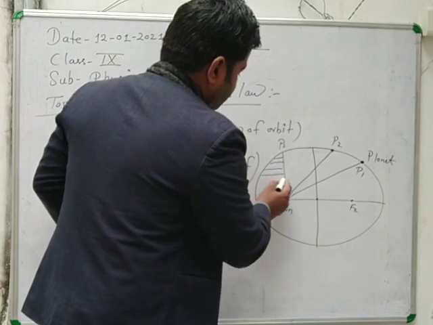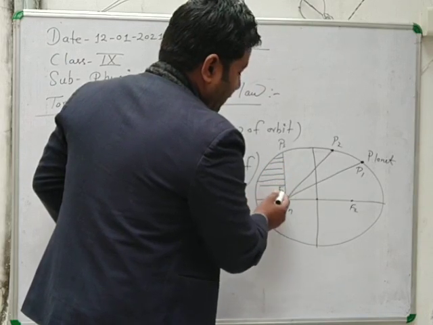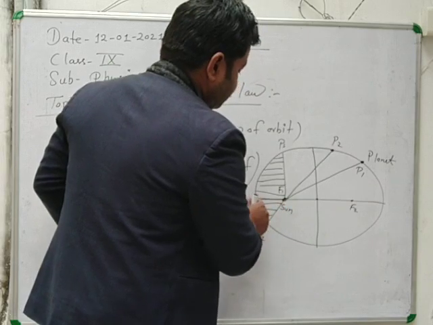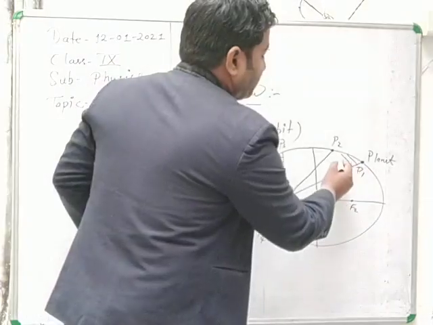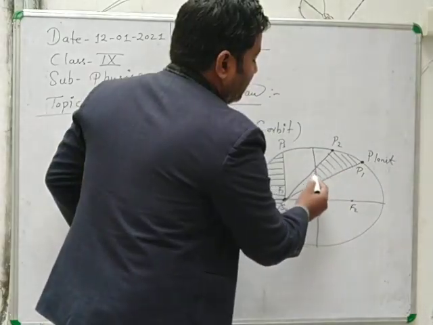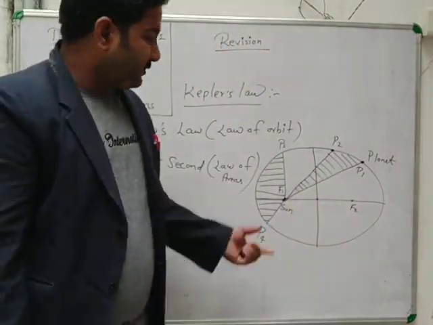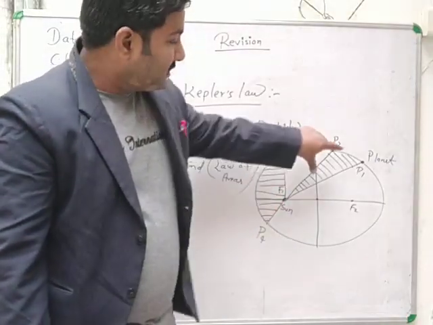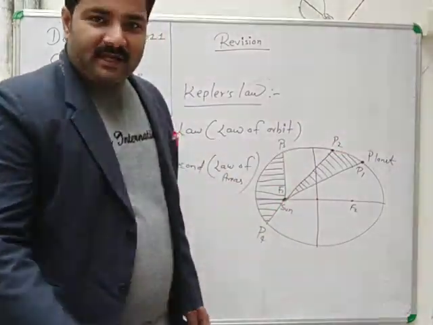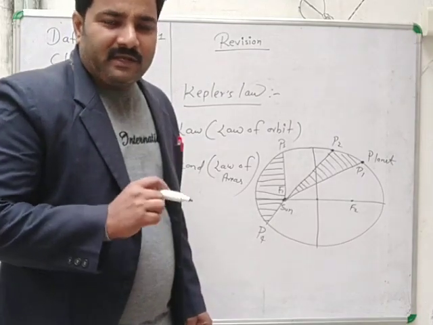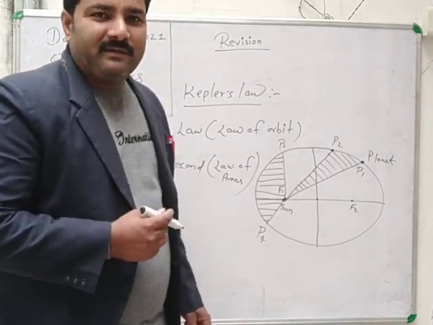So P1, P2, P3, P4 are the positions of the planet, and it sweeps equal areas in equal intervals of time. This one area is equal to this one area. Clear?